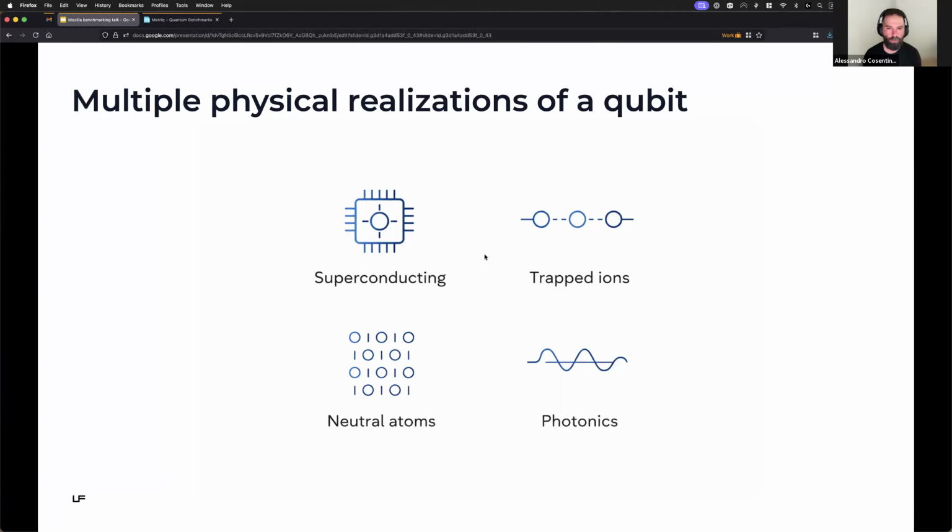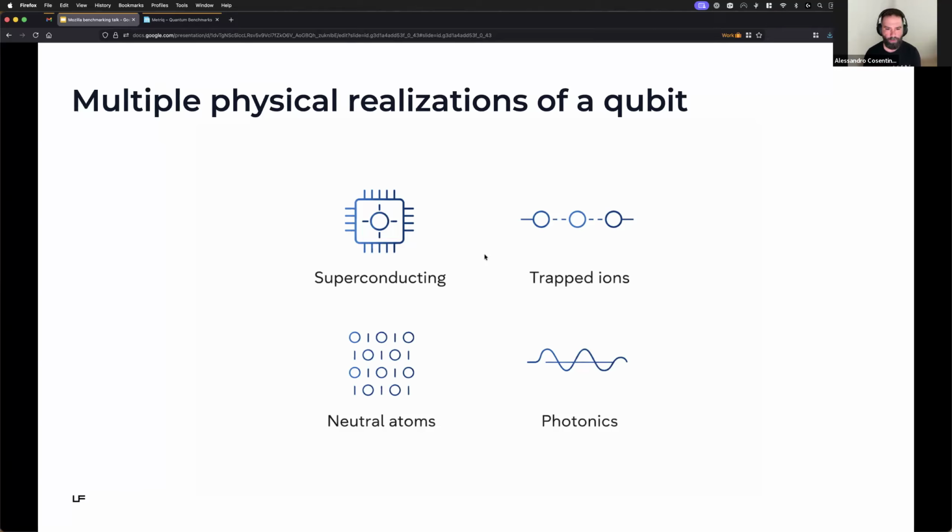You can encode it in a single atom. In the photonic case, you can have a photon. It can occupy, for example, two optical modes, and then you have the equivalent of 1 and 0 in a bit. But that's only one way to implement it.